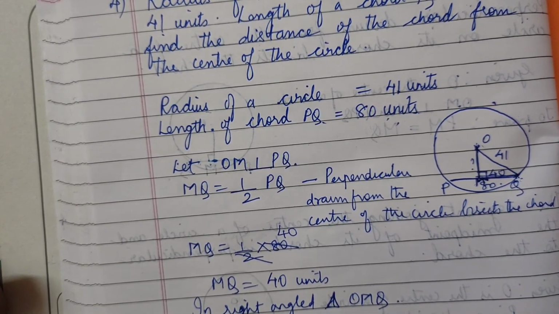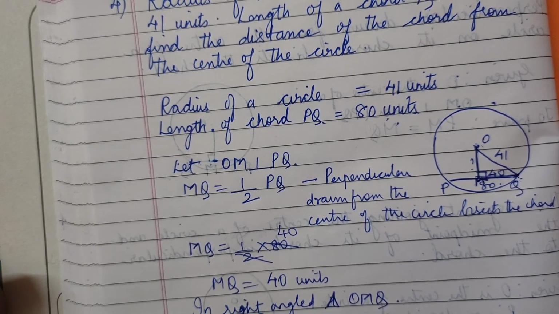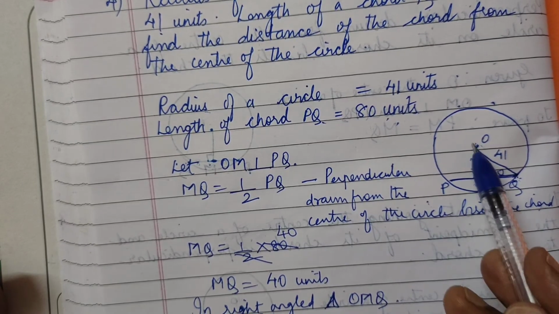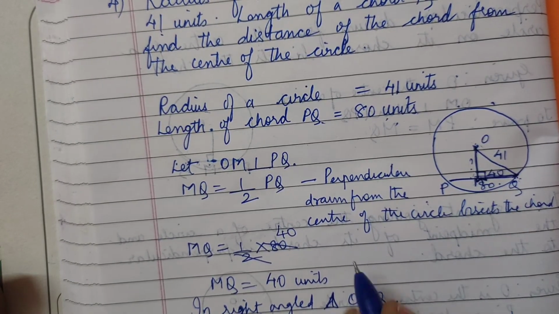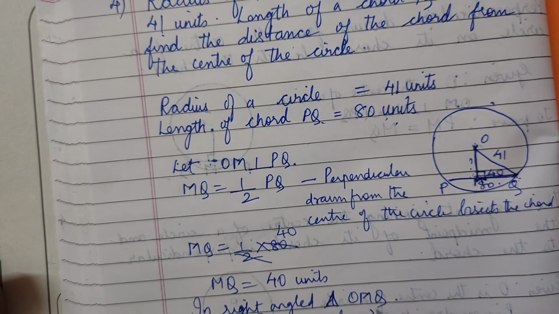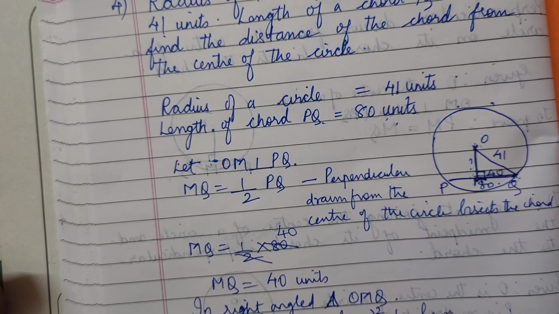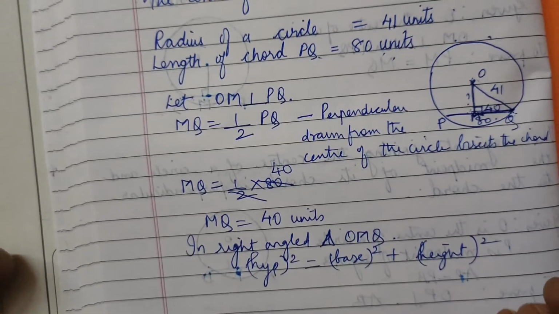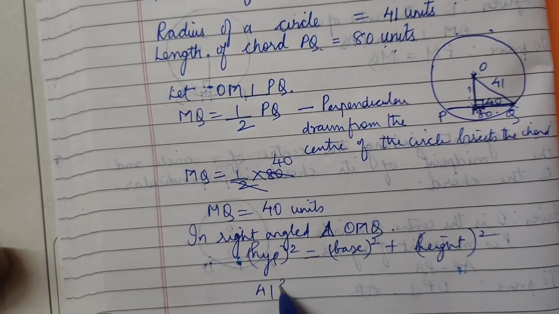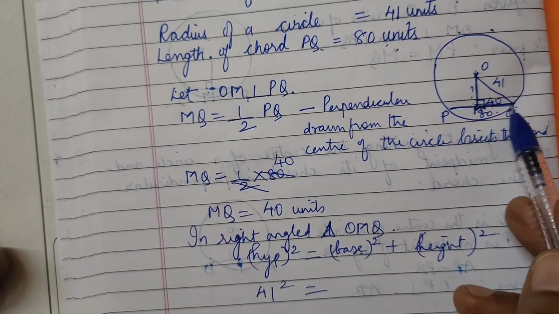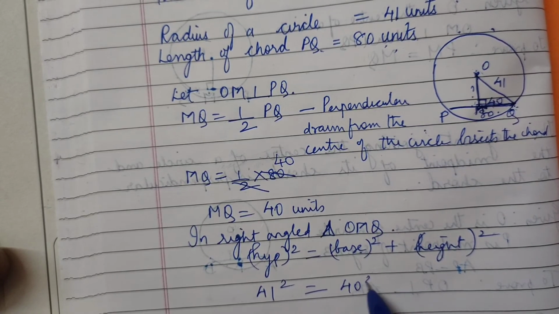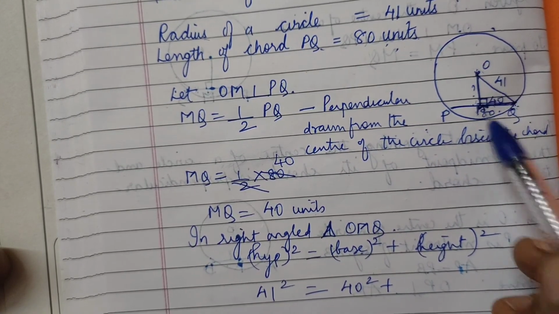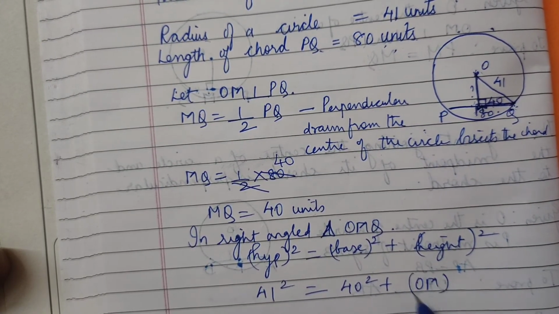Now in this we are writing hypotenuse square equals base square plus height square. So here hypotenuse we have 41 square. So we write 41 square equal to base, we know 40, and height we are not knowing, but we know the name OM square.